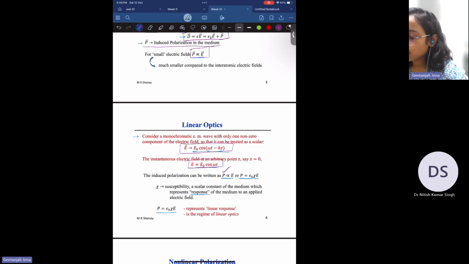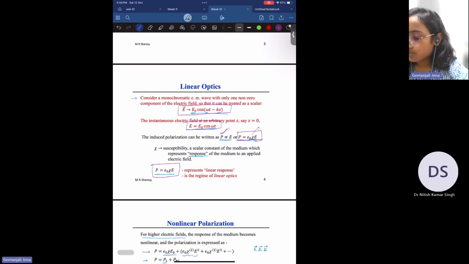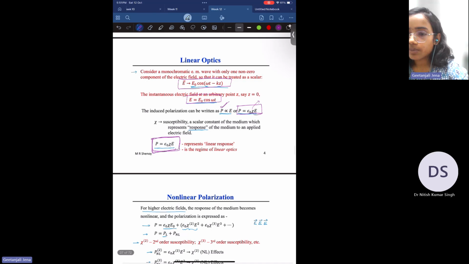That is, P is directly proportional to E. More quantitatively, P is given by epsilon chi into E. And chi is the susceptibility of the medium, which represents the response of the medium to an applied electric field. And depending on the chi value, we have different nonlinearity in the system. So when the system behaves in this manner, that is P equal to epsilon chi into E, this means the medium is linear, and we can apply linear optics to study the behavior of the system under optical excitation.